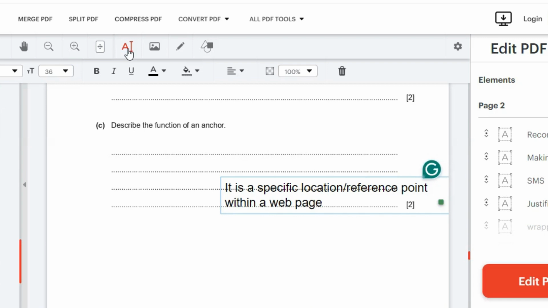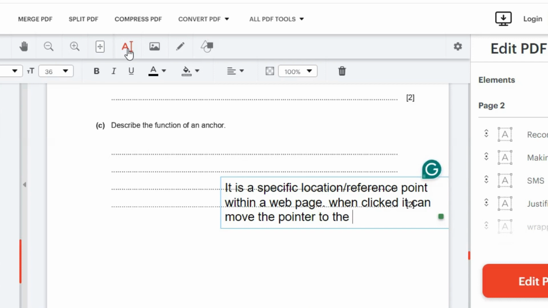When clicked, it can move the pointer to the start or end of the page. That is an anchor.